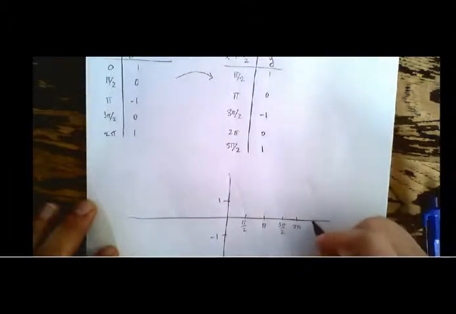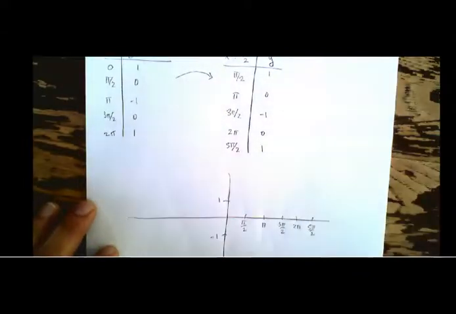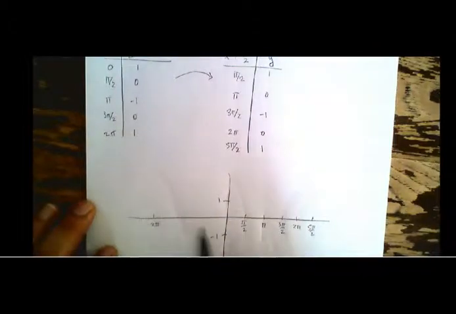We also need a 5 pi over 2 here as well. And we can go in the reverse direction again, scaling our axis accordingly. Okay. So here I'll just draw the transformed function.